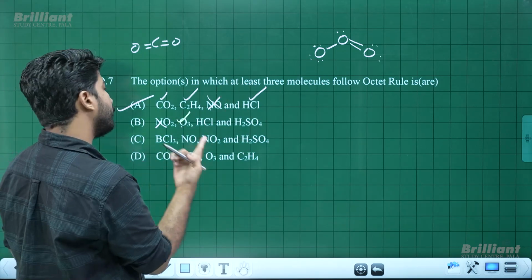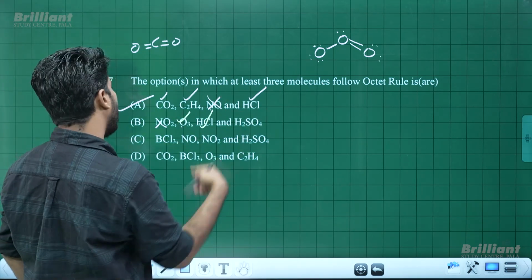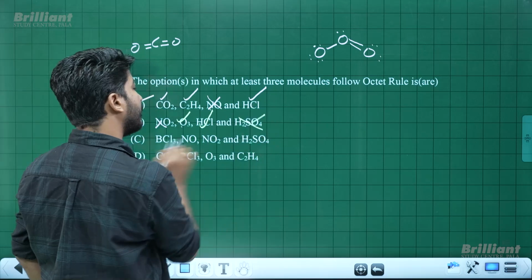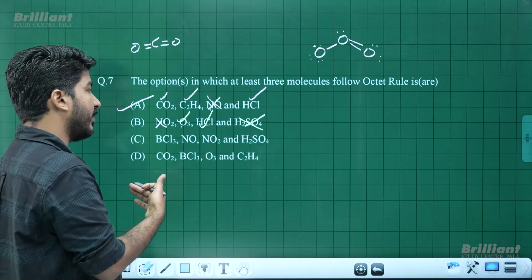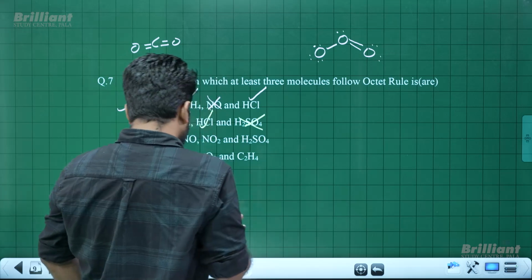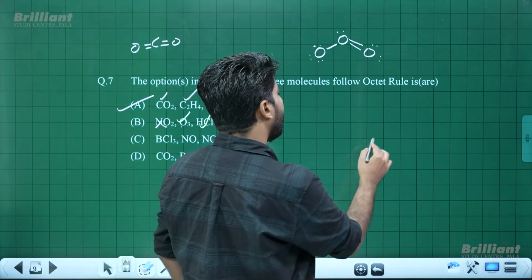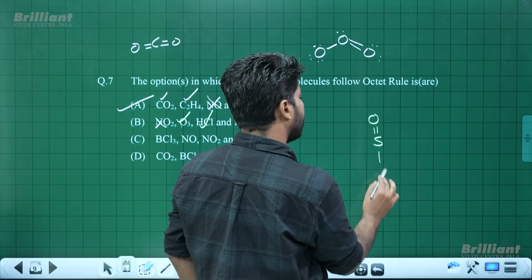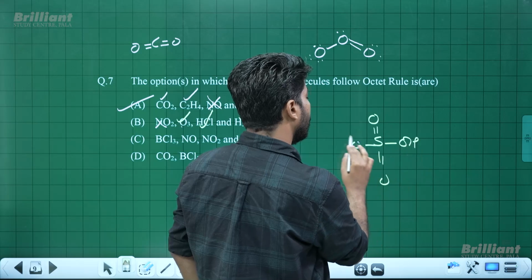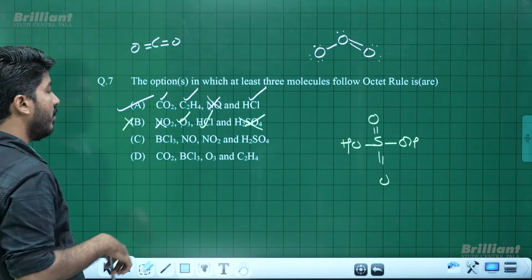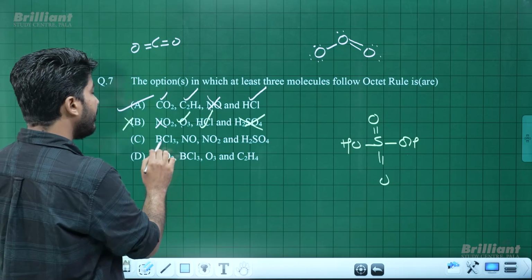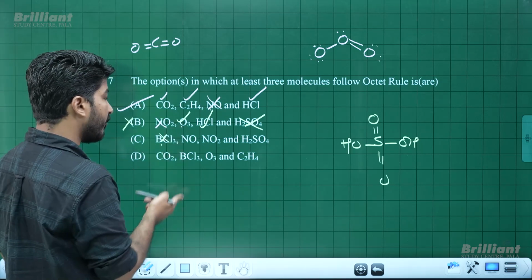HCl we have already mentioned. H2SO4 is an exception to the octet rule. It has 12 electrons in its valence shell after bonding, right? So it's an expanded octet compound. Now, in option 3, we have BCl3, which is electron deficient.